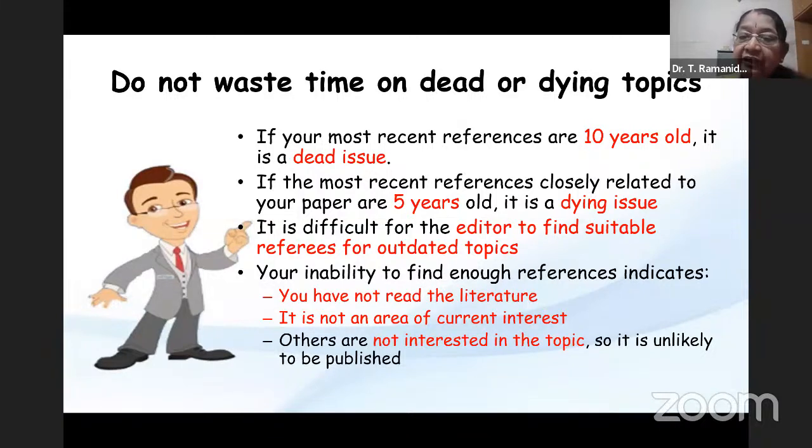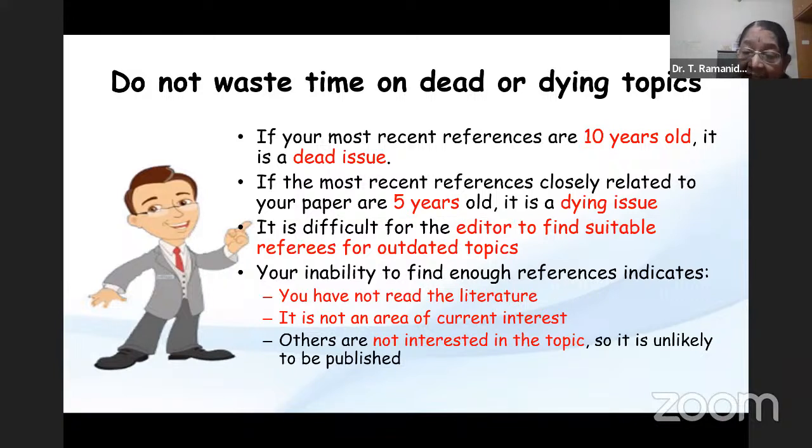If the most recent references closely related to your paper are just 5 years old, it is again a dying issue. It is difficult for the editor to find suitable referees for outdated topics. The referees may not be aware of that, and hence they may not be able to do a peer review. Your inability to find enough references indicates that you have not done a good literature search.